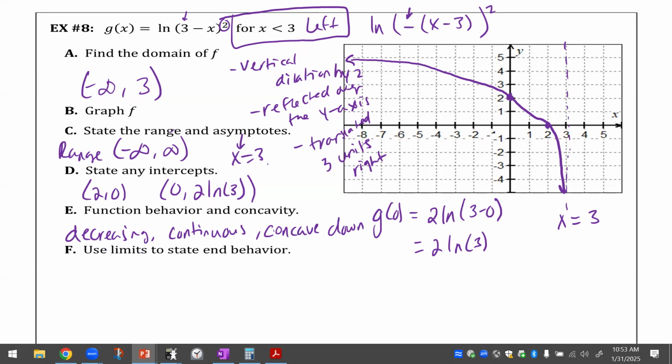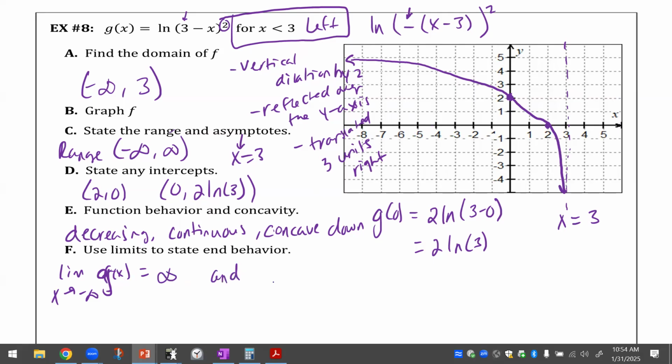Describing your limits. When we describe limits, we read our graphs from left to right. So the limit as x goes to negative infinity, what is f of x doing? And g of x, I'm sorry, it's not f of x, it is g. What is g of x doing? As I'm going forever to the left, what is the function doing? Infinity.